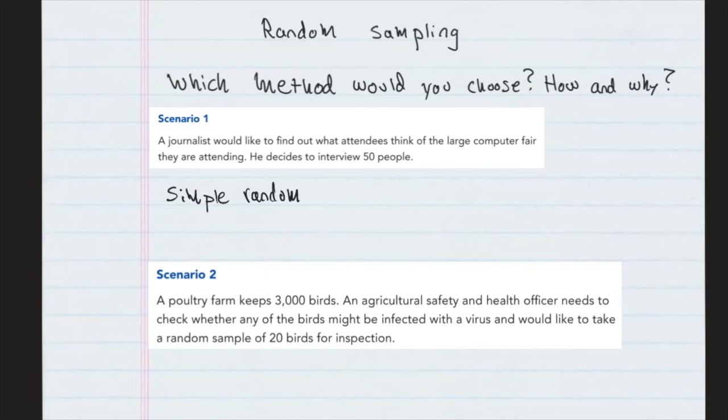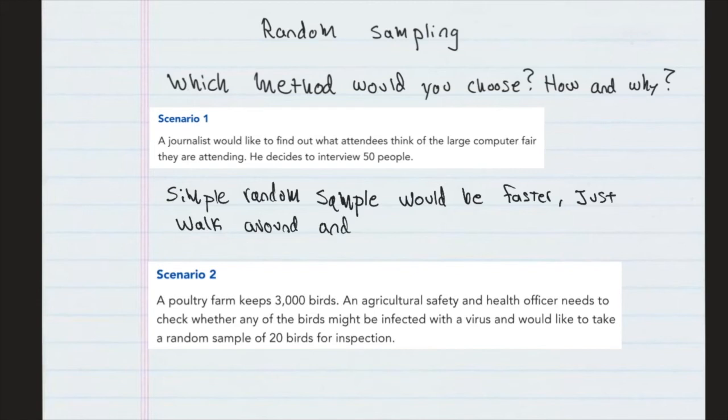So probably a simple random sample would be fast. So it would be faster. Okay. And then how they could do it is they could just walk around and randomly pick 50 people.